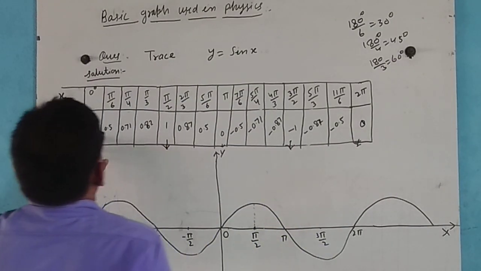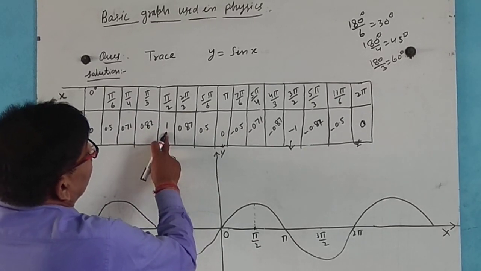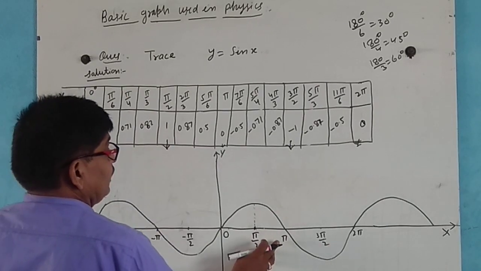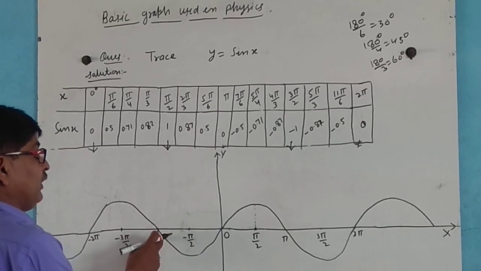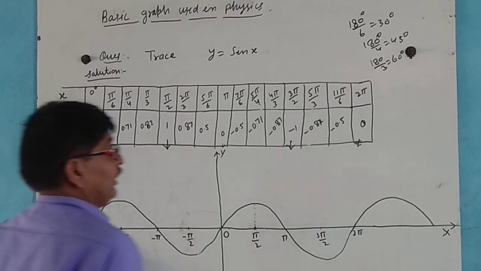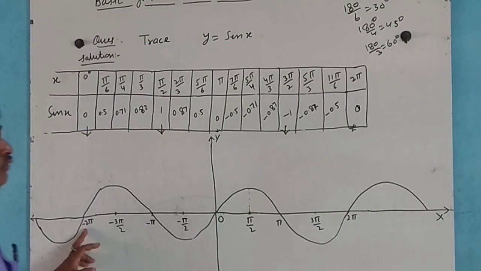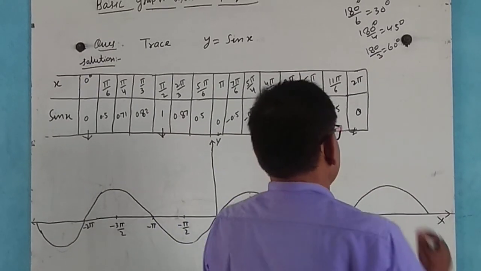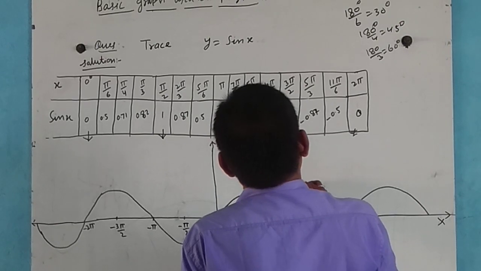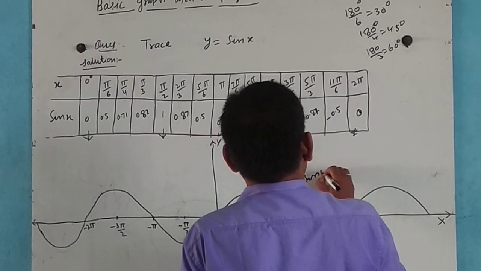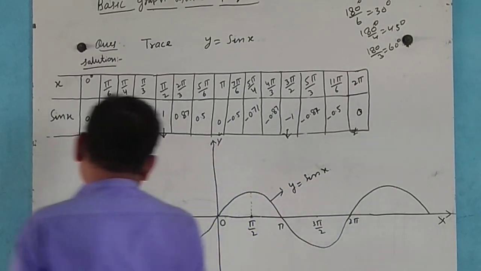Here 0, pi by 2, and after that pi here, and such type of this, pi by 2, minus pi, minus 3 pi by 2, again in the initial position, minus 2 pi, here 2 pi. This is the curve of y equal to sin x.